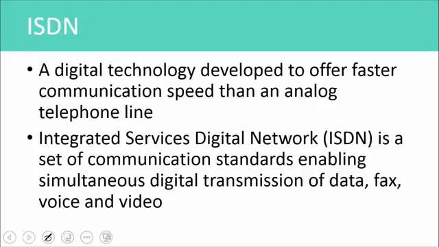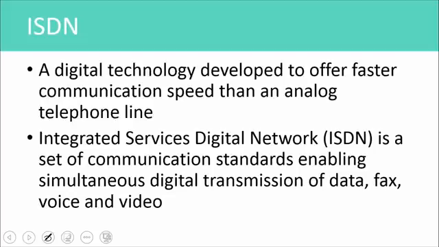All right, next up is ISDN. ISDN is just a digital technology that's developed to offer faster communication speed than an analog telephone line. So telephone lines, of course, if you ever had a dial-up modem, they weren't very fast. It resulted in just painful download speeds.